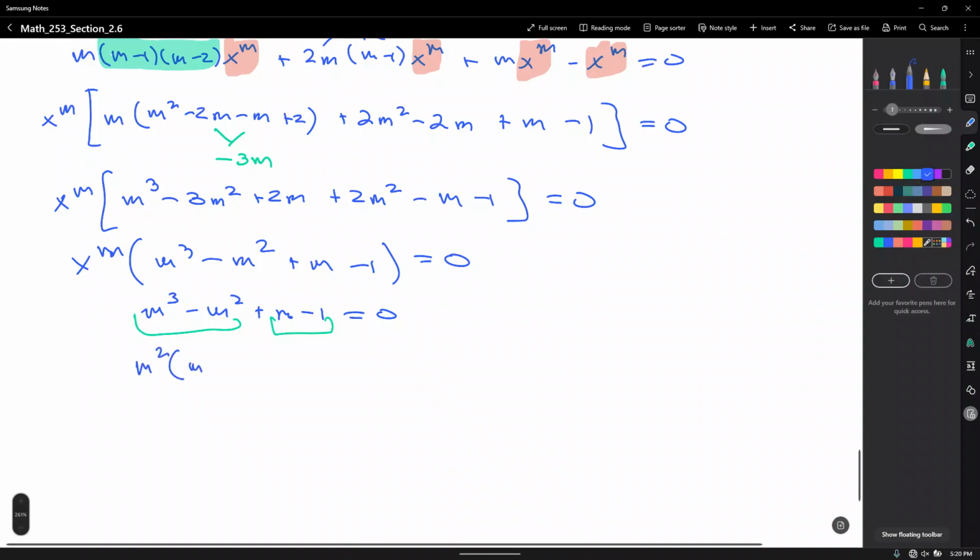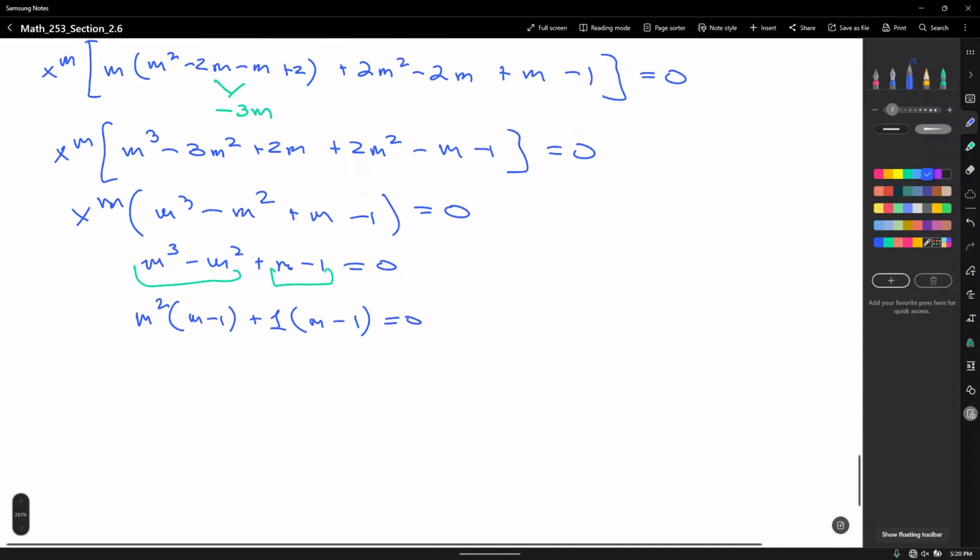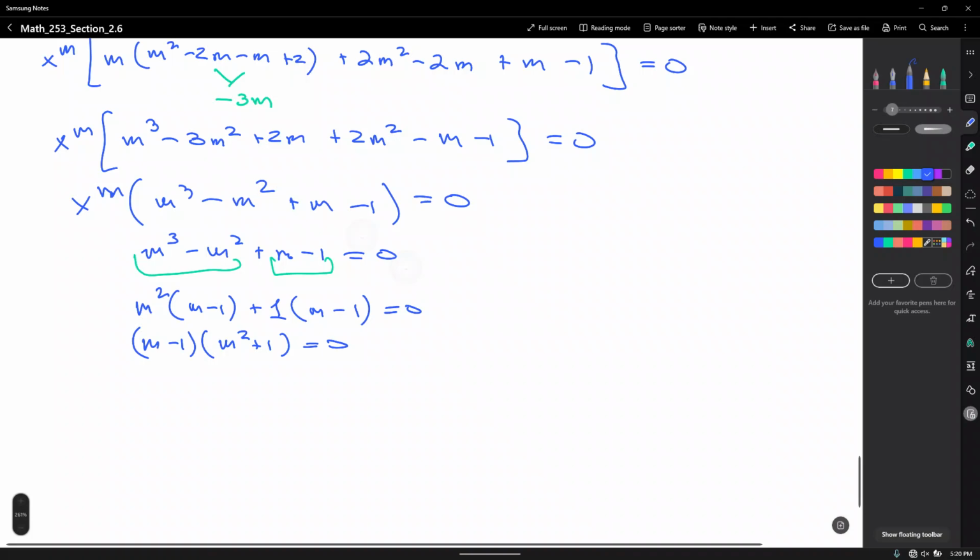M squared times m minus 1. And then there's nothing to factor in the second group other than an invisible 1 times m minus 1 equals to 0. And what do we have? M minus 1 times m squared plus 1. Let that be equal to 0. Okay?